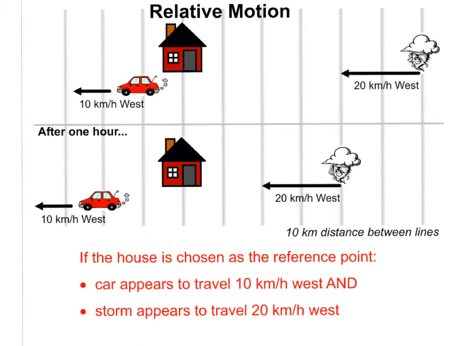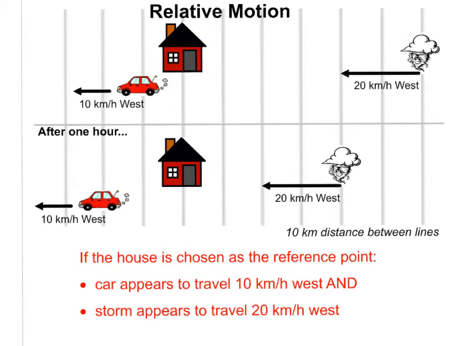If the house is chosen as the reference point, then the car appears to travel at 10 kilometers west from this frame to this frame. We have our car here, and it is appearing from here to here. If we look at each of these lines as 10 kilometers distance, after 1 hour this car appears to have moved 10 kilometers to the west from this to here.